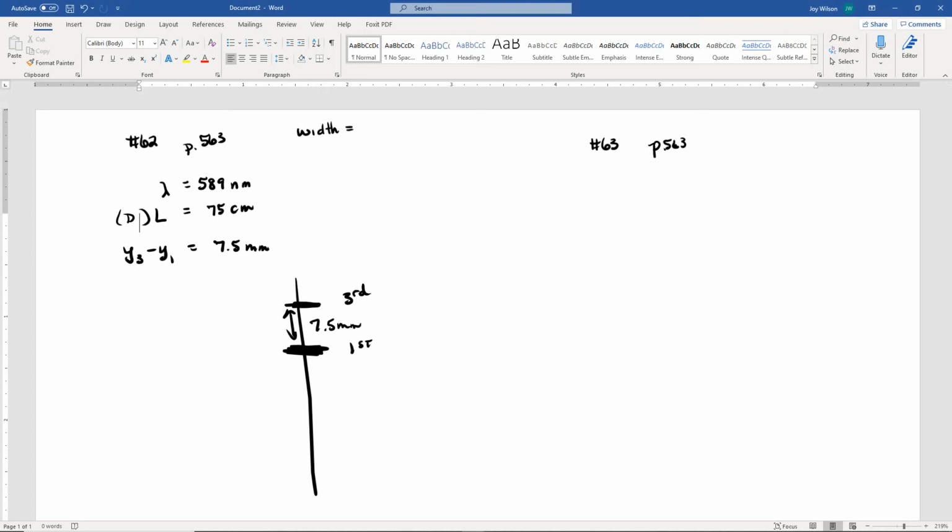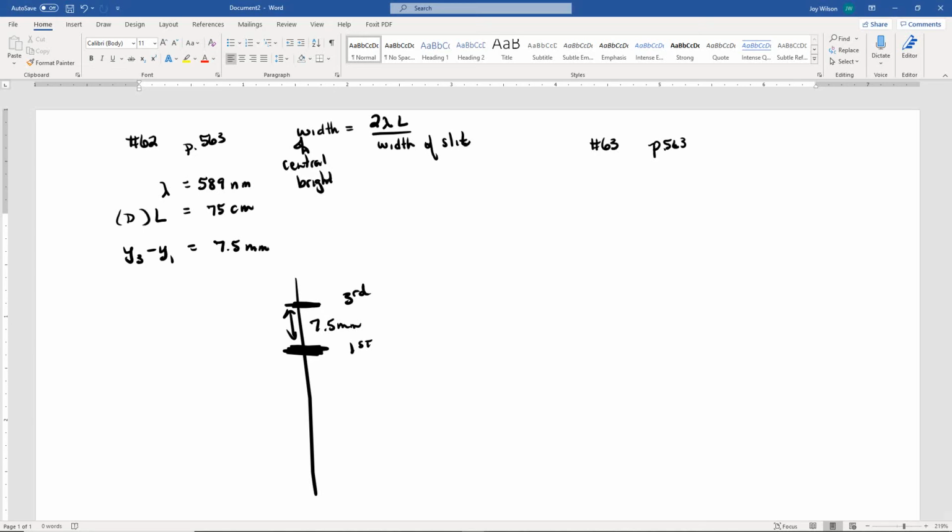You have 2 times your wavelength times L, all over your slit width. So width of central bright is equal to this setup. Okay?